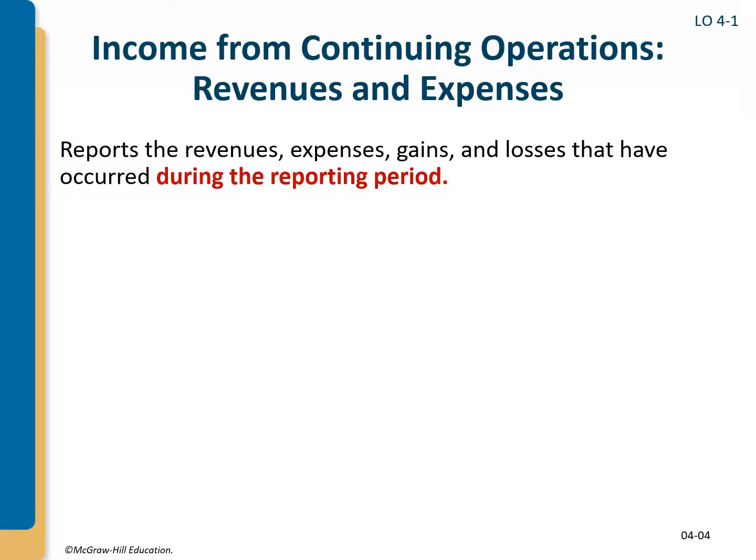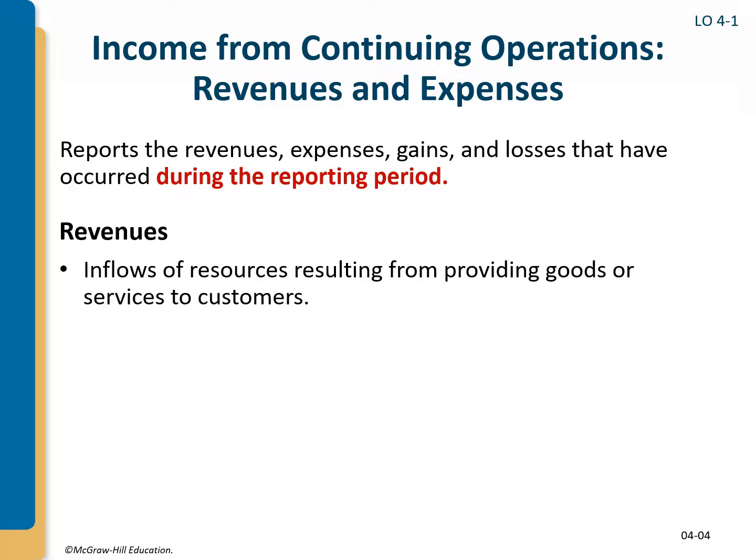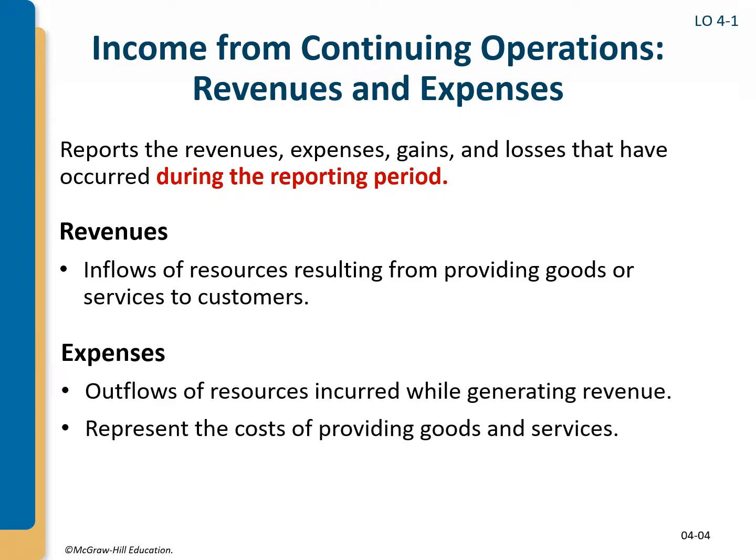Income from continuing operations. This is where we report the revenues, expenses, and gains and losses that have occurred during the reporting period. Remember, inflows are from resources from providing goods or services. Outflows are the resources incurred while generating revenue. So these are things we have to pay for. The cost of providing goods and services. That's part of our normal operations, generally.